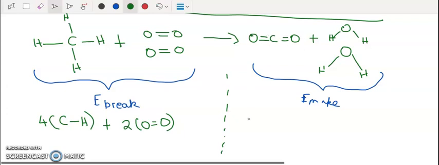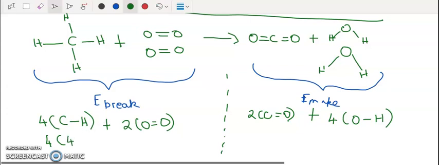We've got 2 C double bond O's, plus here we've got 1, 2, 3, 4. We've got 4 O single bond H. So now let's substitute the values. So for C single bond H it is going to be 413.